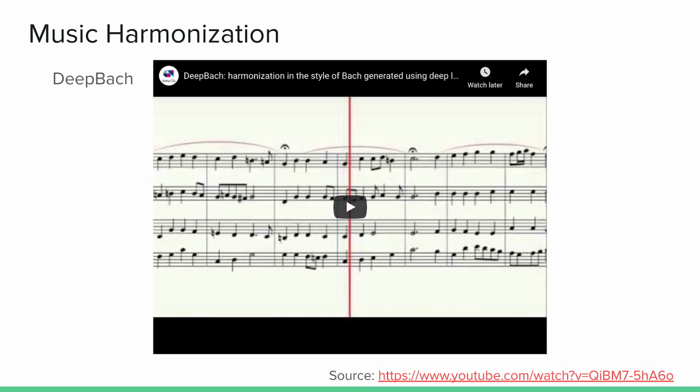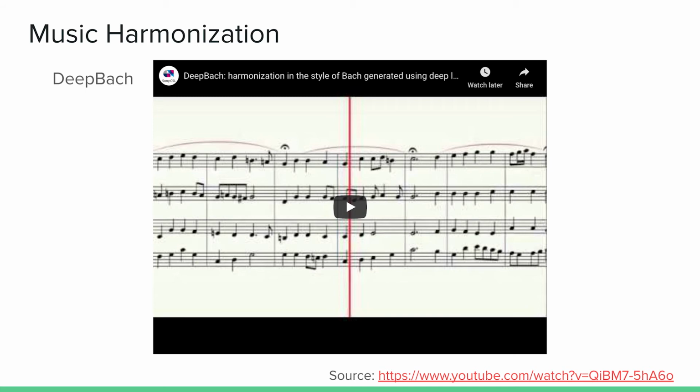Another really nice example, I think, is a good inclusion here is music harmonization. So how this works is you have a melody, and to that melody you want to also have the accompaniment, the other voices.